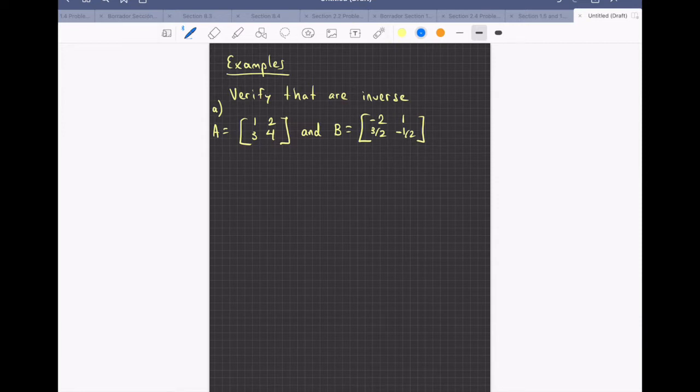So I have the matrix A and the matrix B, so I need to make the multiplication.